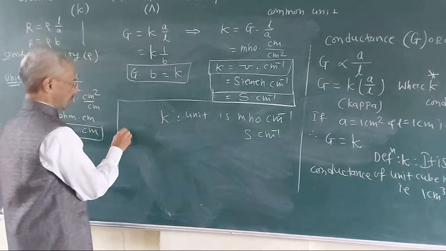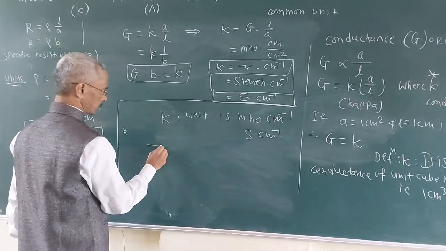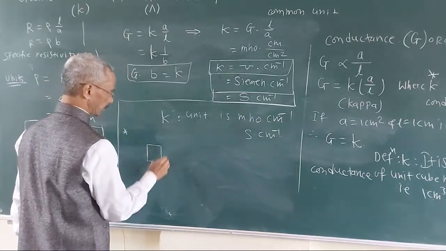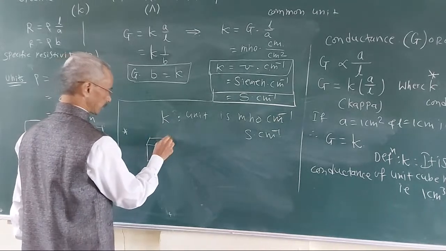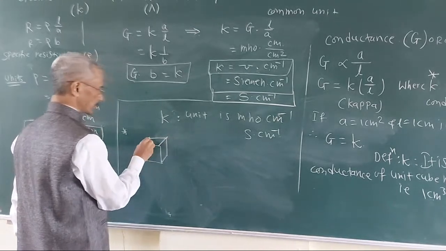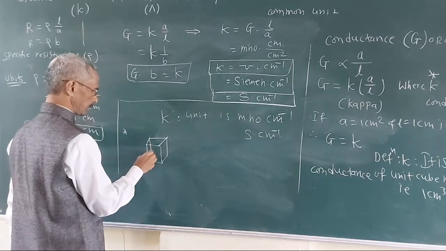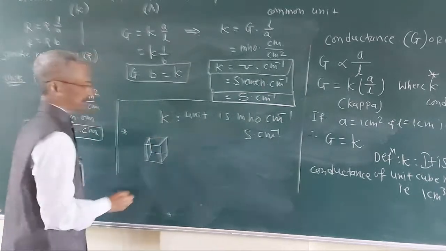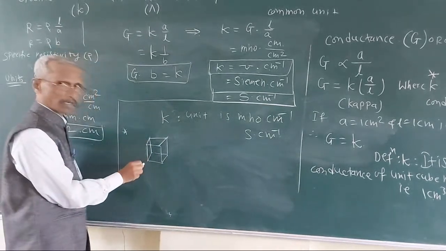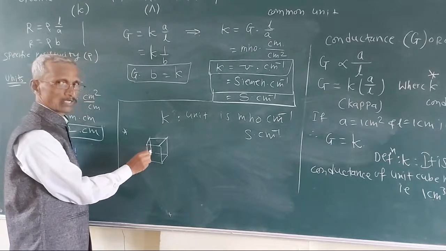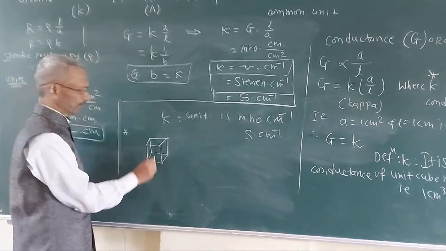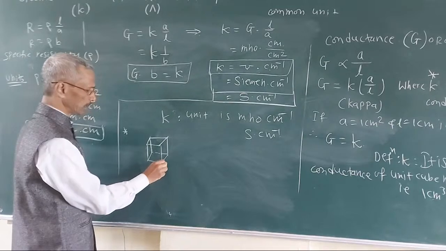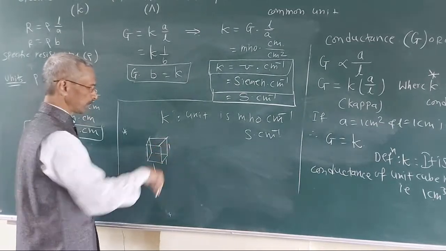Secondly, the specific conductivity means the conductance of a unit cube of material, that is 1 centimeter by 1 centimeter by 1 centimeter.